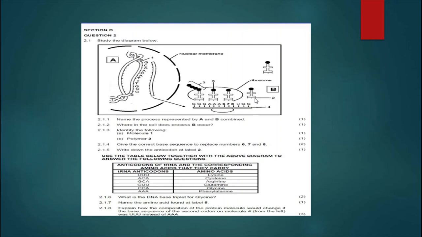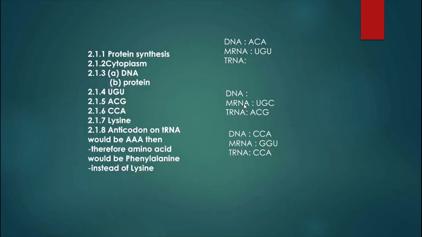You use the same sequence again. You write DNA, under DNA you write mRNA, under mRNA you write tRNA, and you're given UGC, which is mRNA. From mRNA to tRNA, you don't have to write the DNA. You just move. U pairs with A, G pairs with C, C pairs with G. So the answer is ACG.